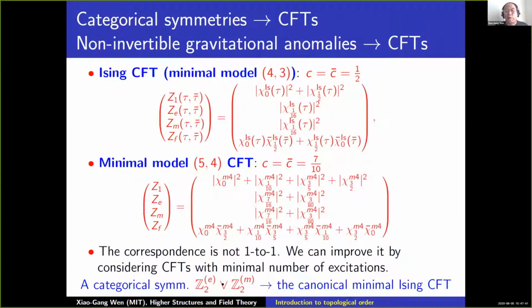And maybe this correspondence is 1-to-1, or close to 1-to-1. It may not be exactly 1-to-1, but close. So we are really trying to push in one direction, but we don't know the exact result. But we hope we get something non-trivial here. By choosing the minimal central charge, we hope to get a better 1-to-1 correspondence.